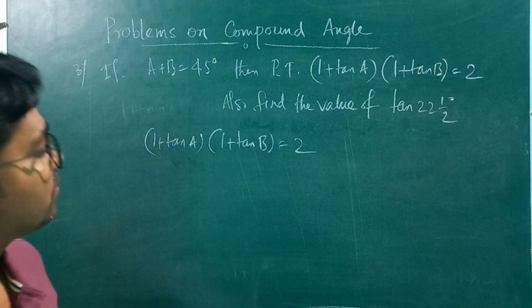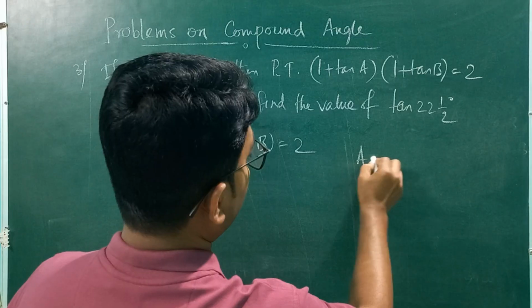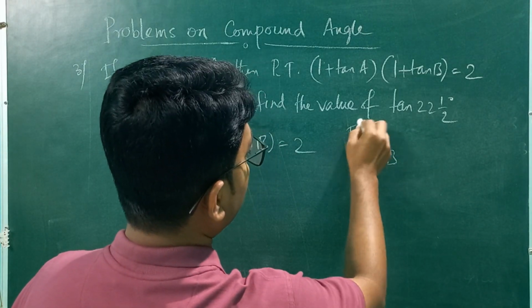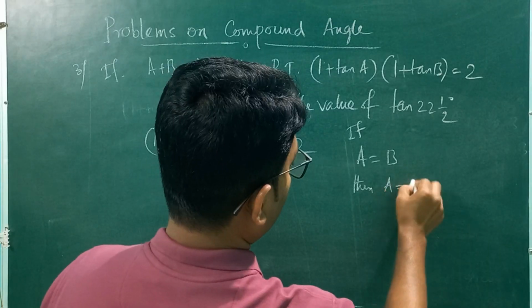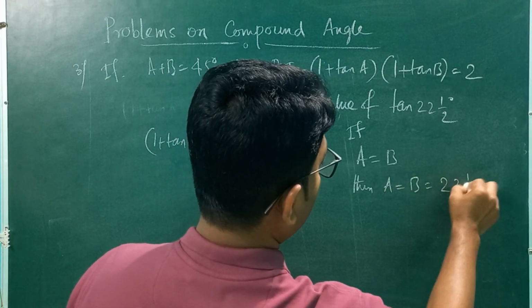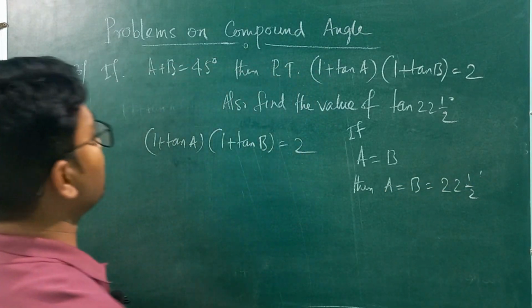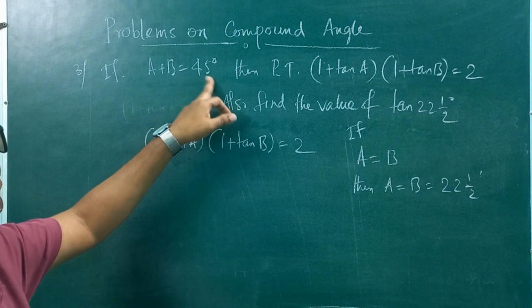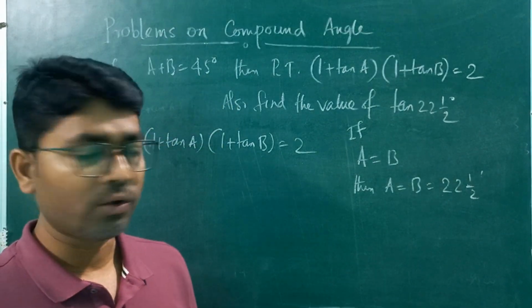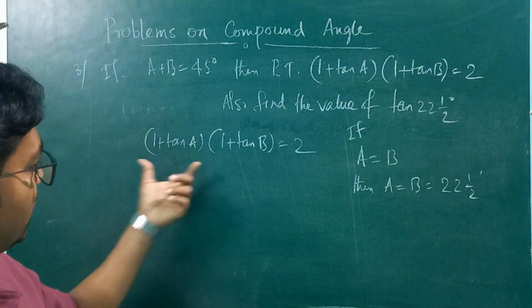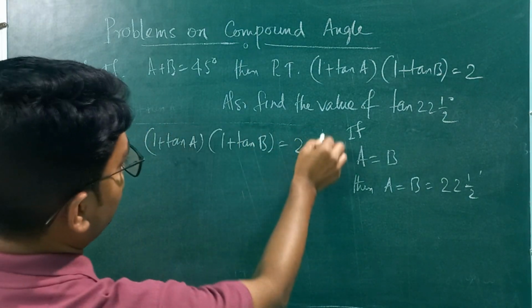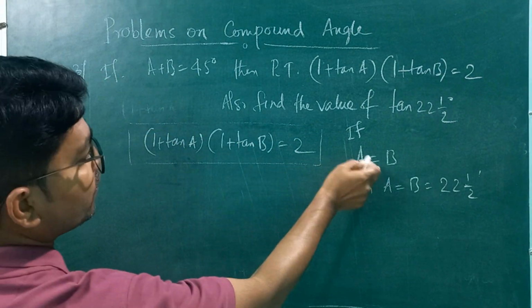Now here we will use the case where a and b are equal. If a equal to b, then a equal to b equal to 22 and half degree. See, 22 and half is the half of 45 degree. So we will apply this relation when a equal to b.